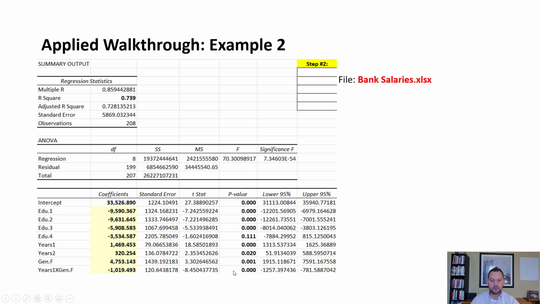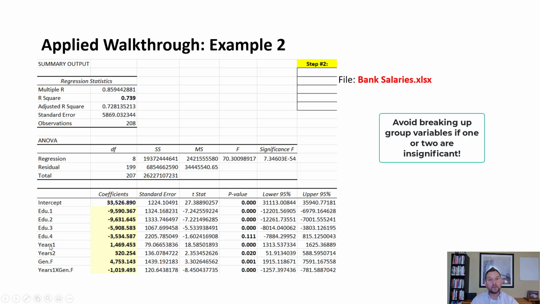And so if we come over here and look at our p-values, most of these are significant. So as we kind of look at them, we could jump and say, well, what's the highest p-value? It's education 4. The rest of these are all less than 0.05. So should we remove education 4? Probably not, because it's part of a group.